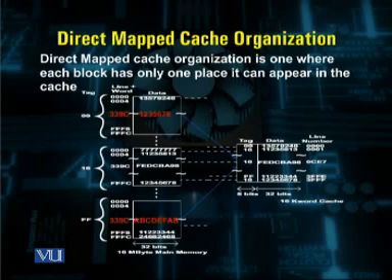Each block in the main memory as well as in the cache is addressed by a line number.